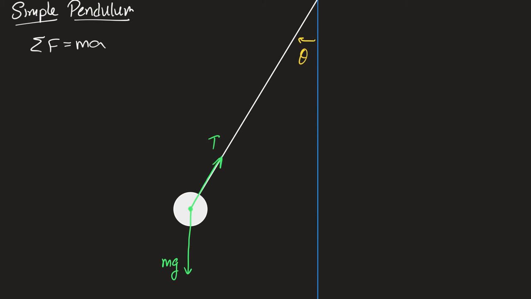Do I want to use the blue coordinate system or the red coordinate system? It makes a difference. And remember, ultimately, we are trying to compare this to F equals minus kx. X is a distance. So when I consider the blue direction or the red direction, what direction is the pendulum traveling? Is it traveling along the red direction or along the blue direction?